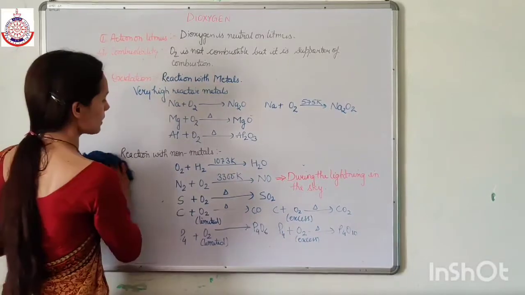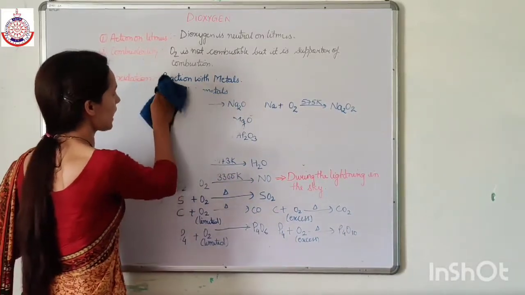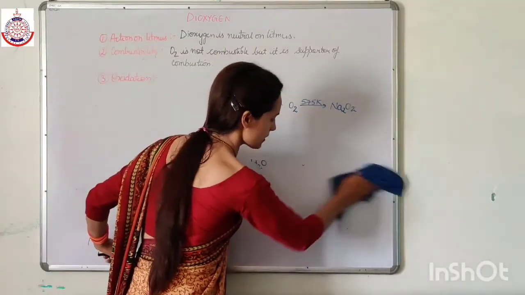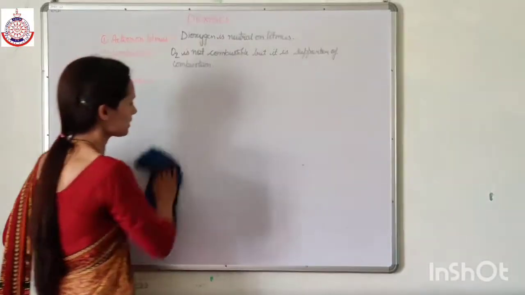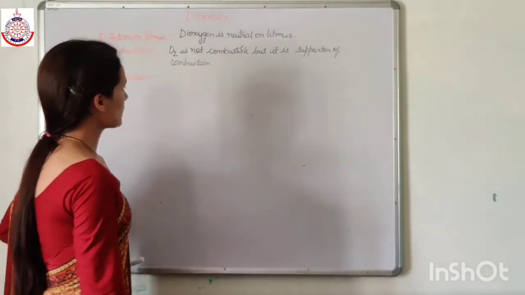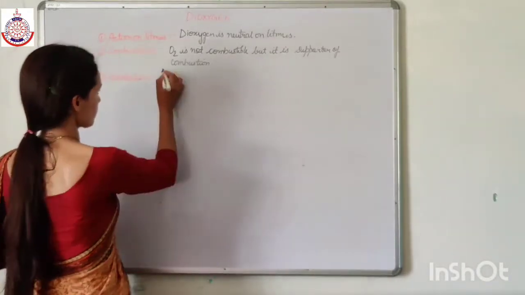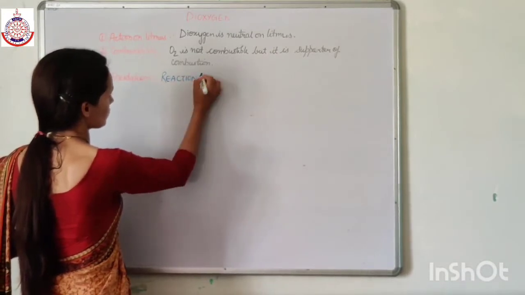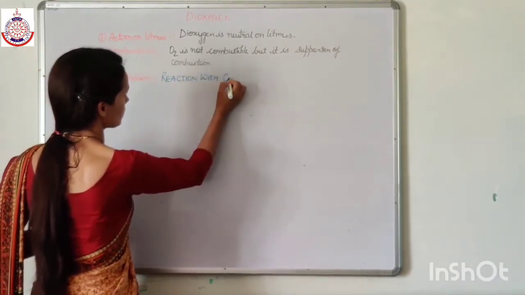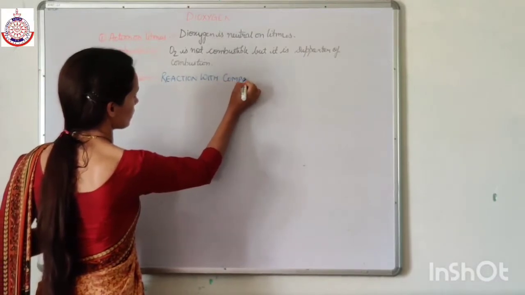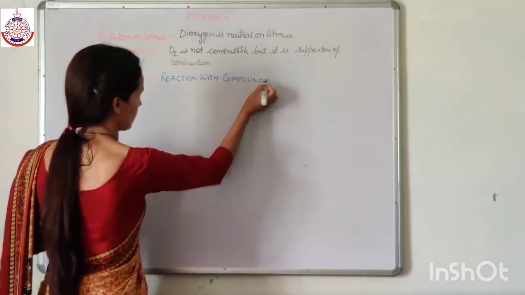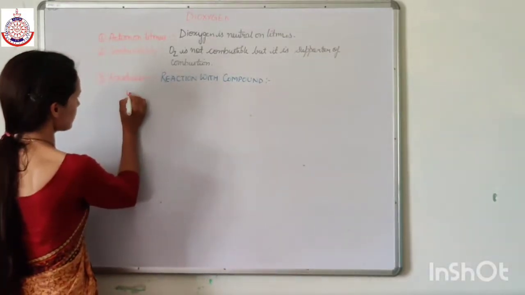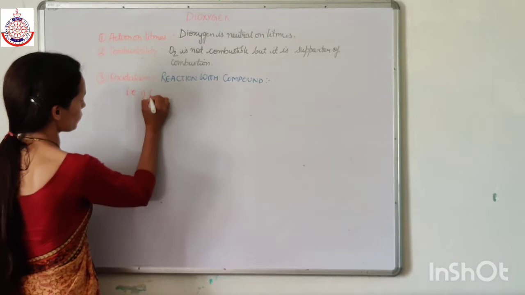Now we will study how dioxygen reacts with compounds and acts as an oxidizing agent. The first compound we will take is SO2.